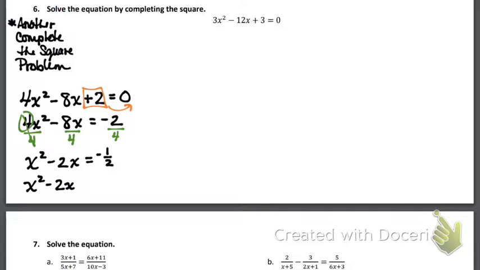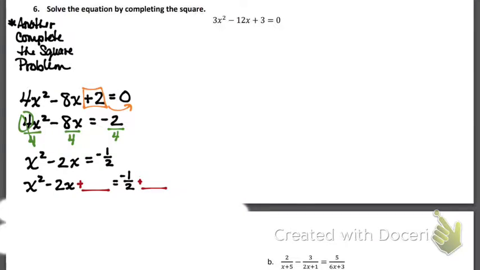And now I'm finally ready to do the completing the square step. I'm going to add something over here on the left. If you do something to one side, though, you have to do the exact same thing to the other side. So I'm going to add something to both sides here. To figure out what I'm going to add, B, remember this right here is 2AB.